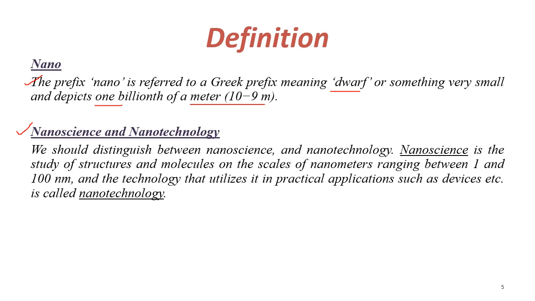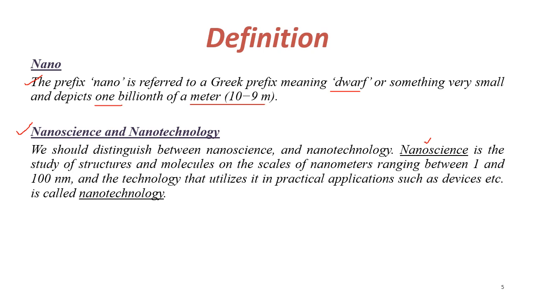Nanoscience is a study of structures and molecules on a scale of nanometer ranging between 1 and 100 nanometer. So whatever we study about the molecules or the structures of these molecules within this bandwidth of 1 and 100 nanometer, that particular area we call the nanoscale.